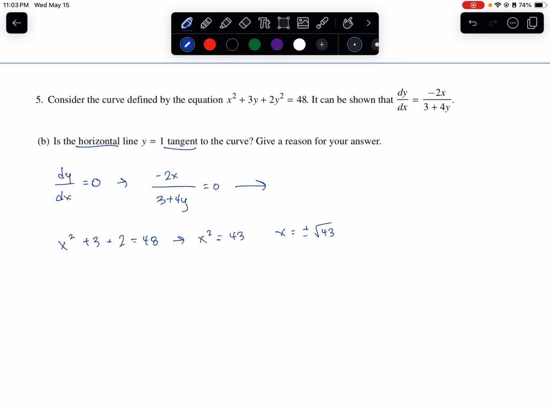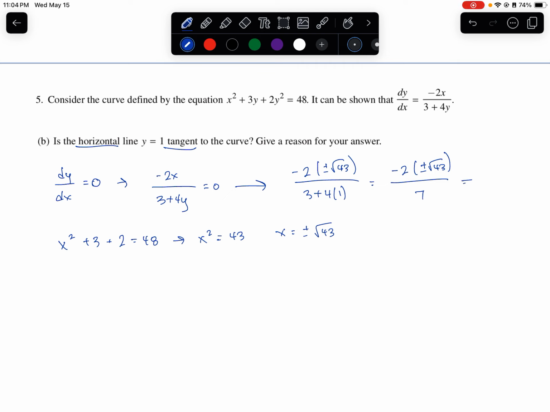So negative 2 times plus or minus the square root of 43, over 3 plus 4 times 1, because that's where the y would be, and this right here would be equal to negative 2 times plus or minus square root of 43, either one, divided by 7.